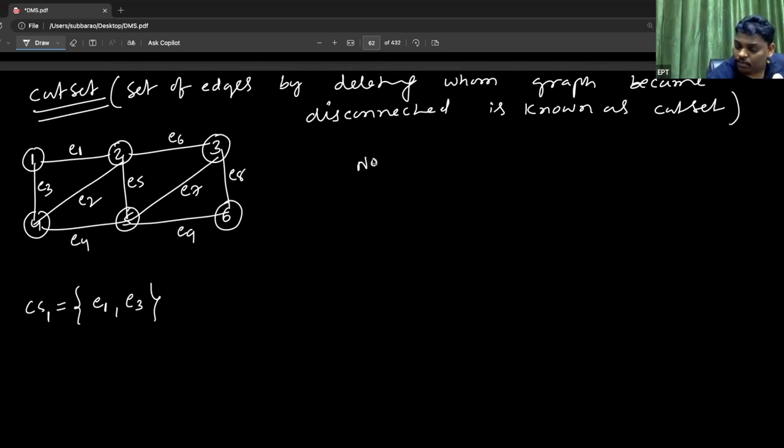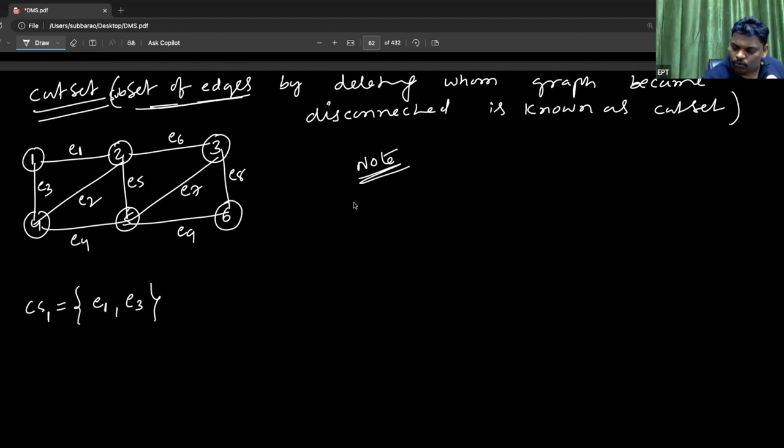However, I am saying to you, he may change the definition. Please be careful. If he doesn't say anything, follow whatever I said. If he changes the definition, follow whatever he says. Cut set means set of edges, or subset of edges, by deleting whom the graph becomes disconnected is known as cut set.